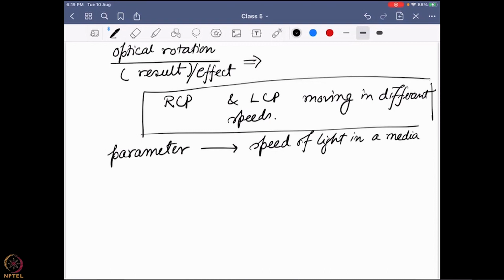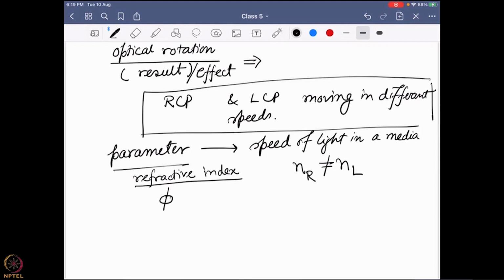So over here, what we are seeing is that this parameter is nothing but the refractive index. So we can say this refractive index is actually different for right hand and left hand circularly polarized light. They are not the same, and that is why they are moving differently, and it is happening for one particular isomer.